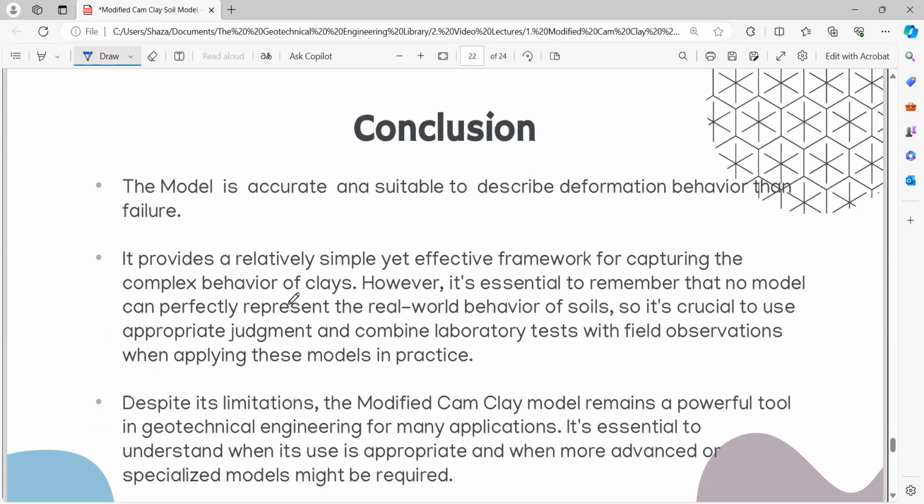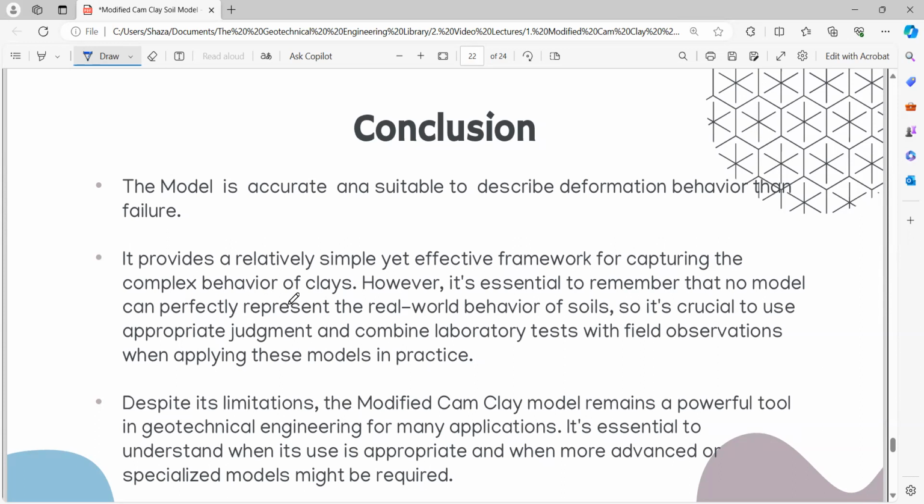However, you have to remember, as with any soil model, no soil model can represent 100% the real behavior of soils. However, we have to try as much as possible to make our model reflect the real behavior of the soil.